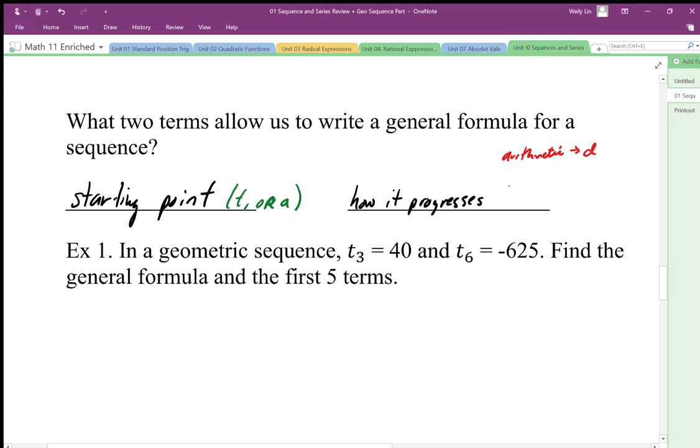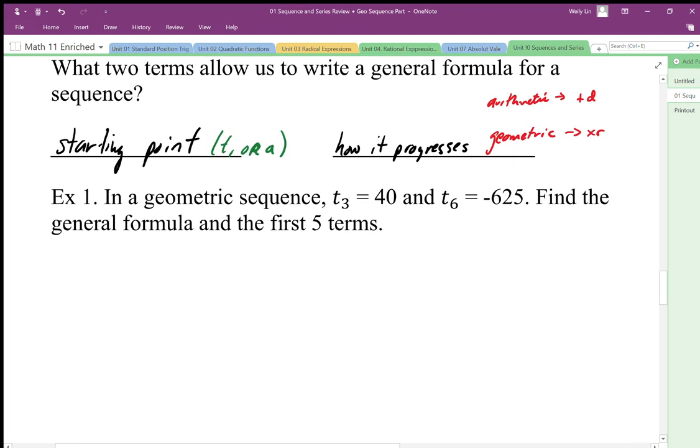For geometric, we're going to use the multiplier R. So times R versus plus D. But basically both of these things tell us how the sequence progresses. So we have a starting point and how it progresses, and that will describe the general formula for a sequence, because that will allow us to work out every term of that sequence.